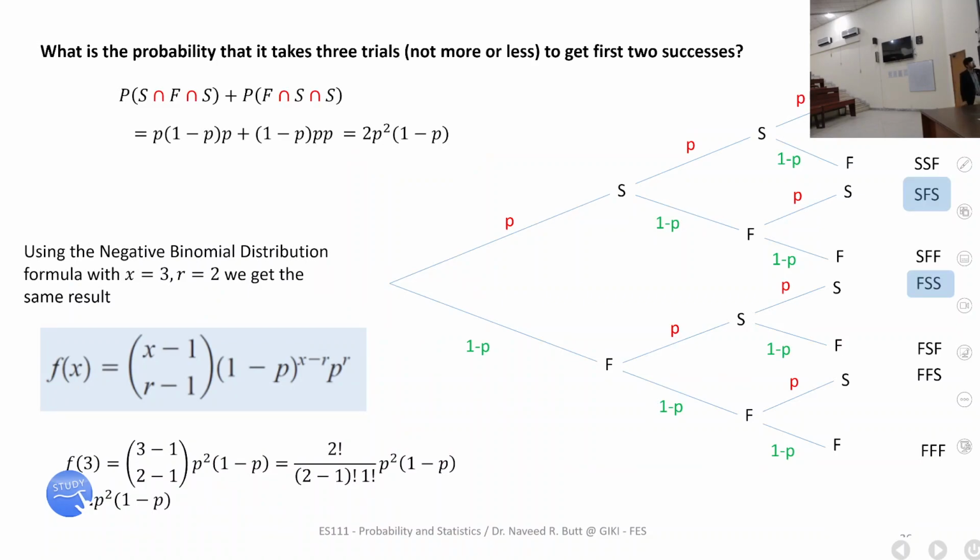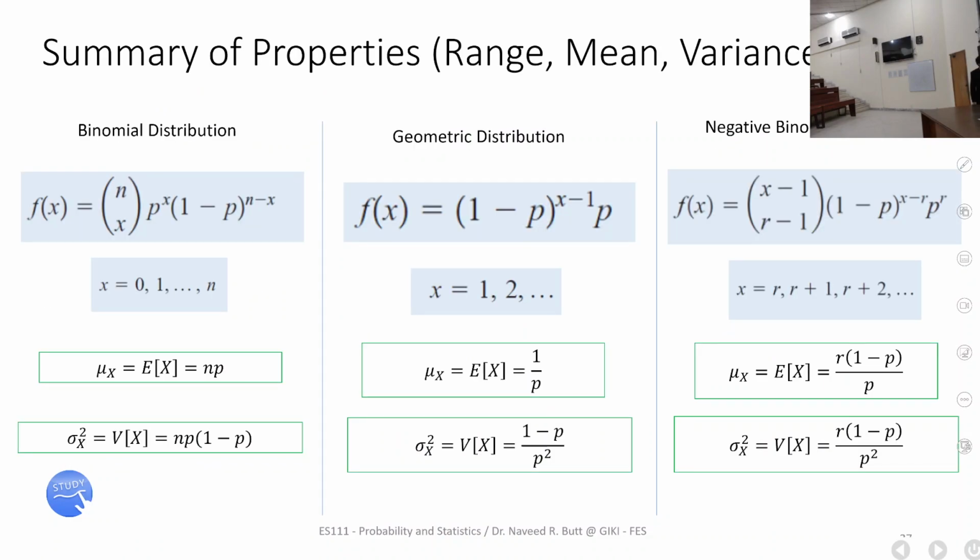What is the probability that it takes 3 trials, not more or less, to get the first 2 successes? You can see in 3 trials the last one has to be a success. If you do that, 2p square times 1 minus p, you get the same answer using the formula.